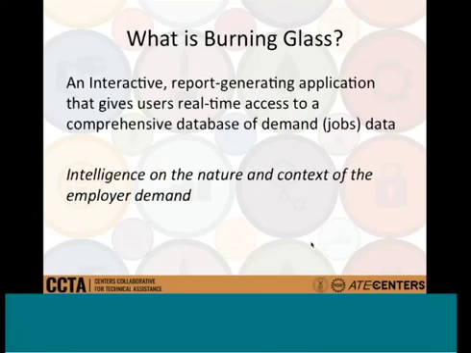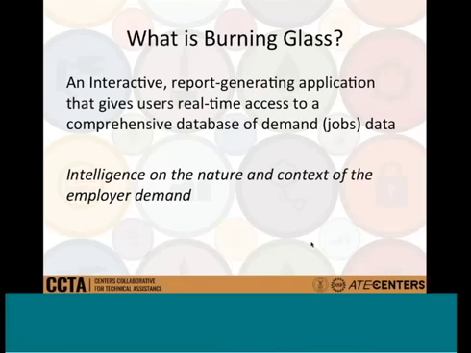So this is how it works. You start with them. What is Burning Glass, by the way? Well, I took this from their website, so it must be true, right? It's an interactive report generating application that gives users real-time access to a comprehensive database of demand, that is, jobs data. That seems pretty good.